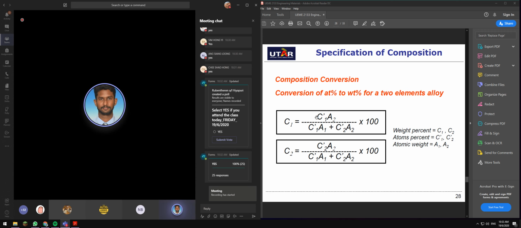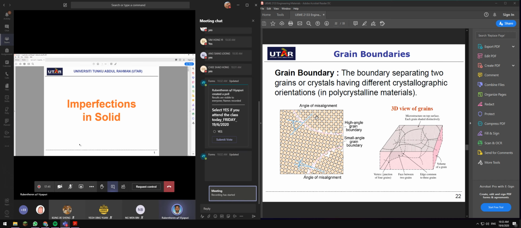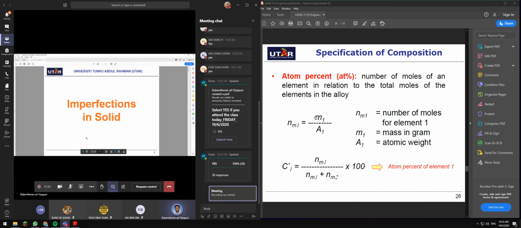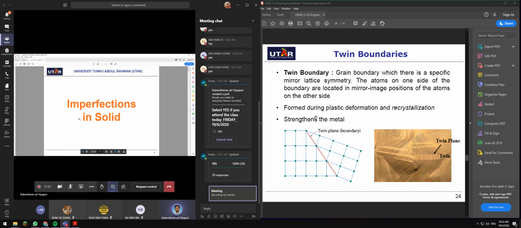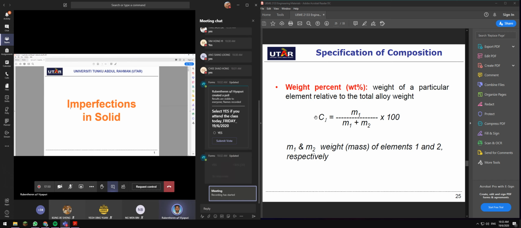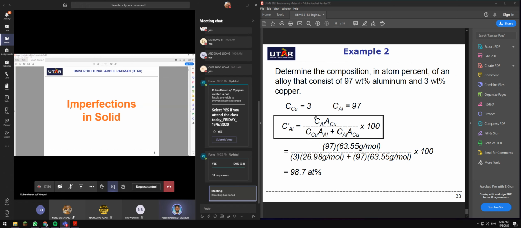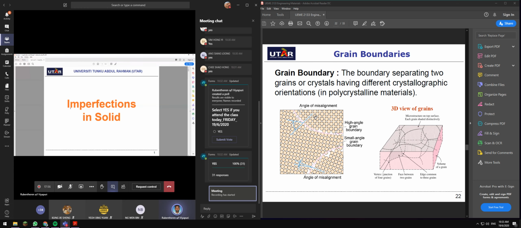Okay, just a quick recap from last lecture. I did discuss with you the imperfections in solids. All materials and objects in this world are not perfect.